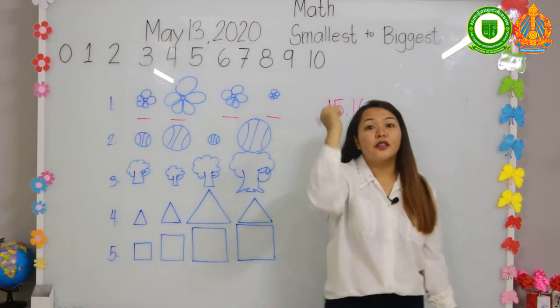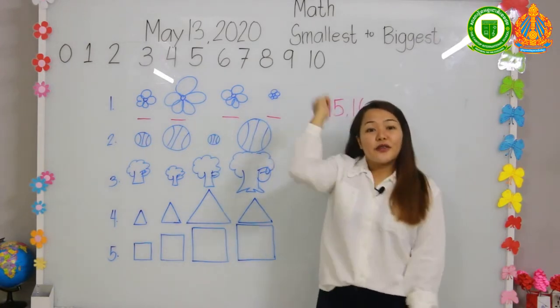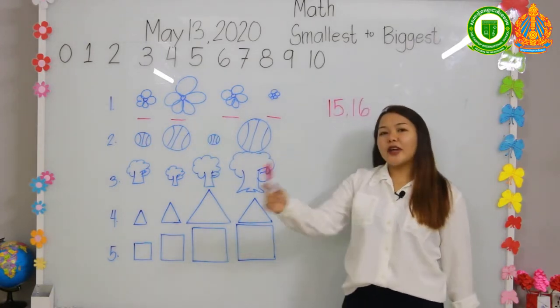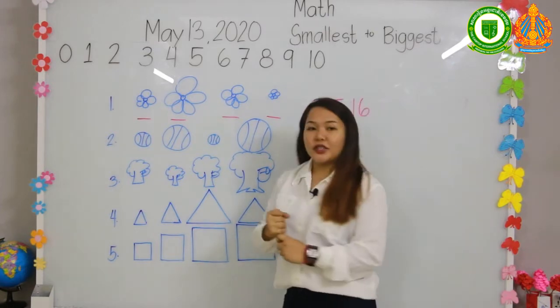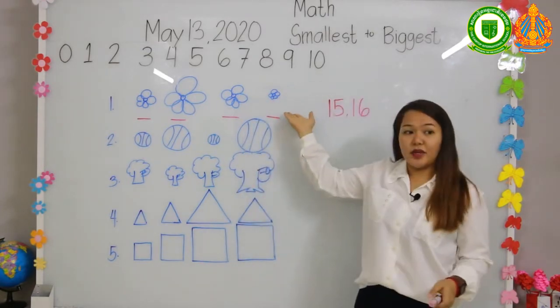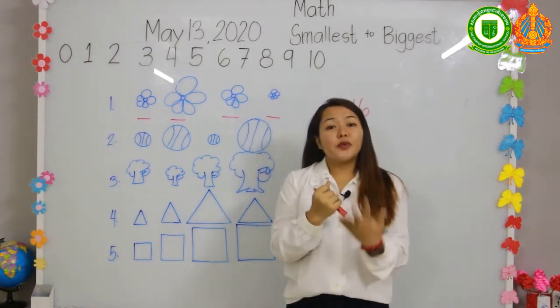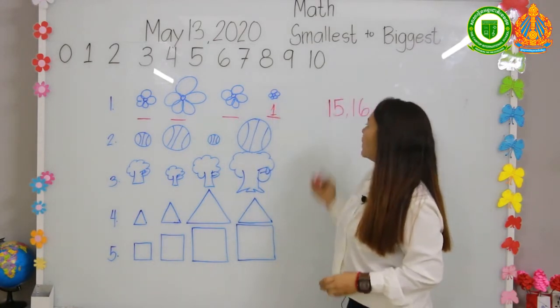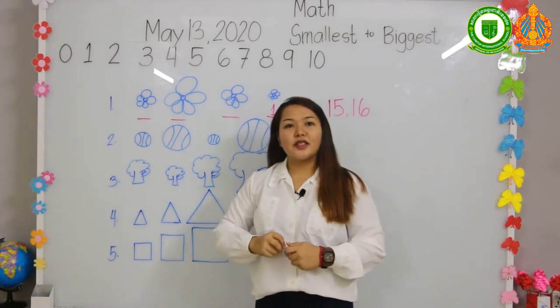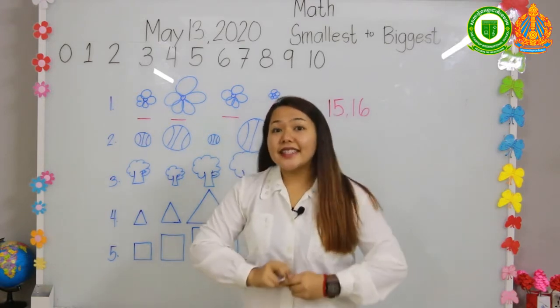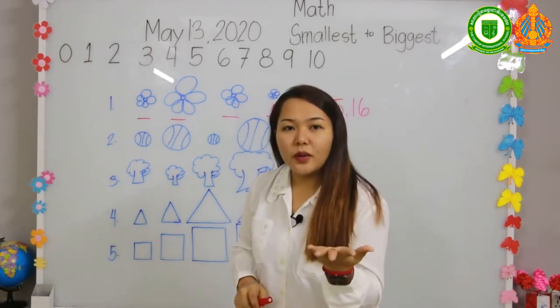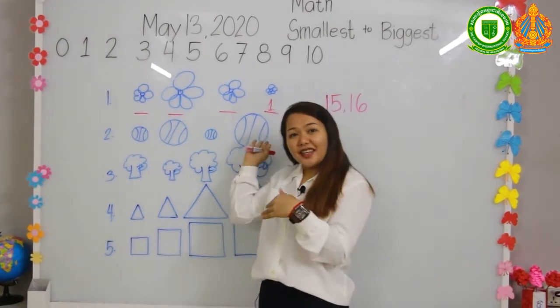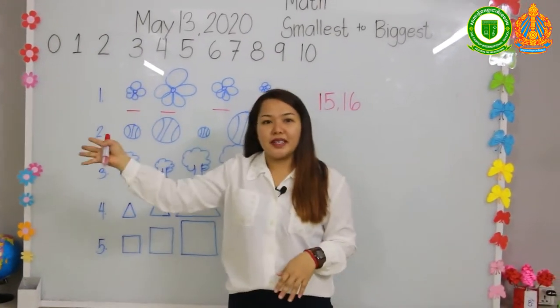1, 2, 3. I hope your answer is correct, and the answer is this one. This is the smallest. So let's write number 1. Okay, so that's your smallest. Next, which one is next to this before we reach the biggest?